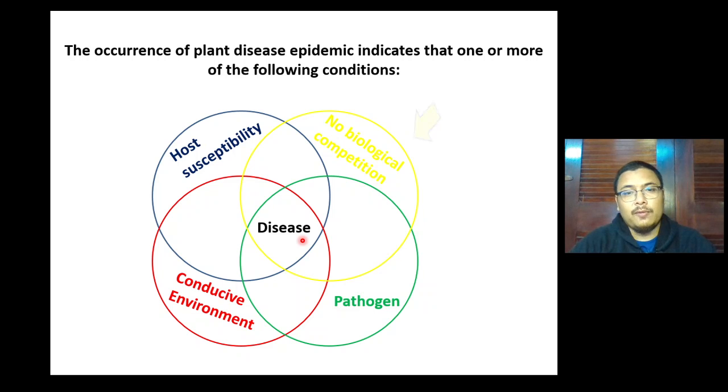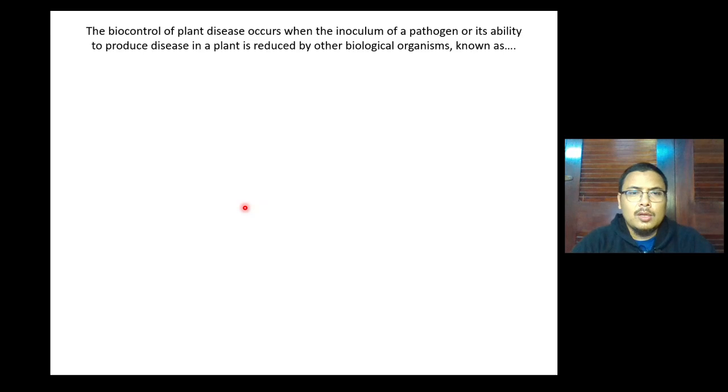So therefore, for this topic, we will discuss the biological symbiosis of certain organisms in the soil that can help plants or crops fight or protect themselves against diseases. Biocontrol of plant disease occurs when the inoculum of a pathogen or its ability to produce disease in a plant is reduced, especially in this context by other biological organisms.